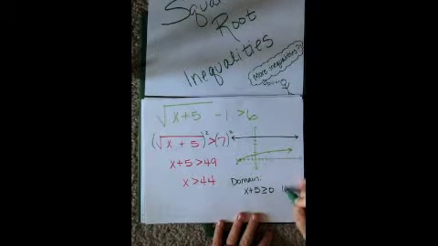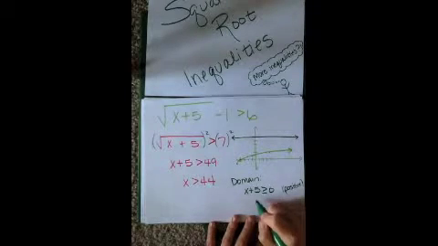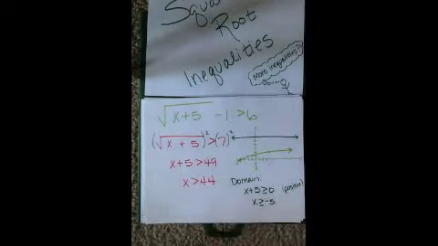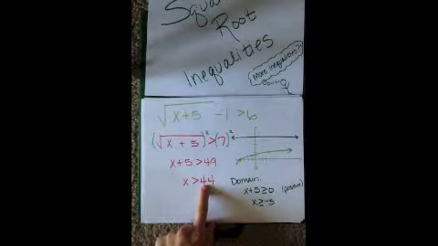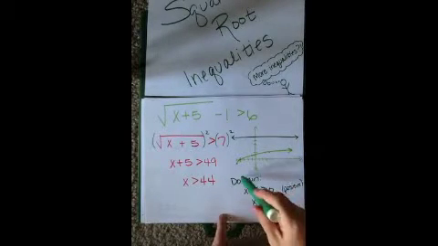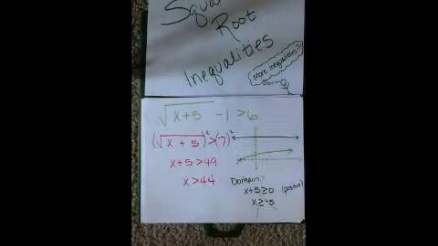So it must be positive. And then I can solve here. So x has to be greater than or equal to negative 5. Well, if x is greater than 44, it's automatically greater than or equal to negative 5. So I don't have to worry about that.